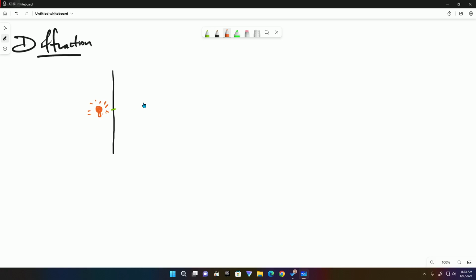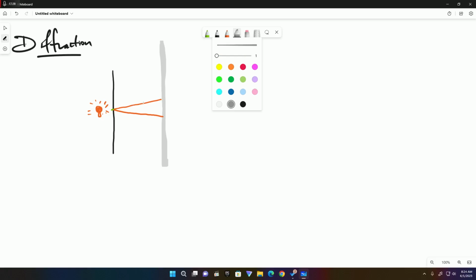If you now bring this sheet of cardboard close enough to a wall, what you will notice is that there is a spot of light on the wall that is much bigger than the hole. That is because light coming out of the tiny hole you made spreads, that should have been orange, sorry, spreads as it travels towards the wall.